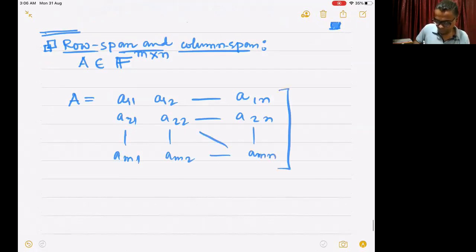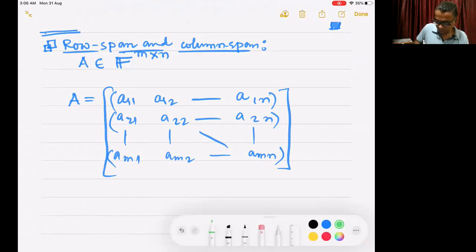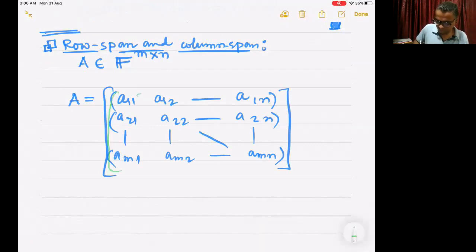Of course, you can view this matrix as a collection of rows. You can also view this matrix as a collection of columns.